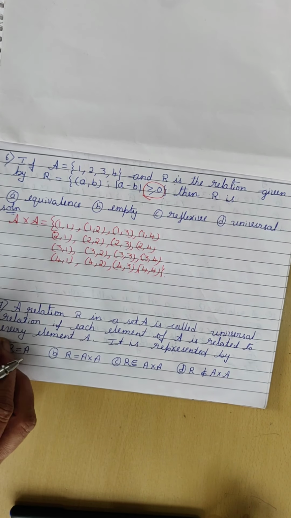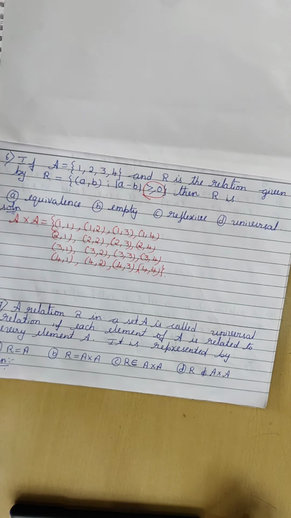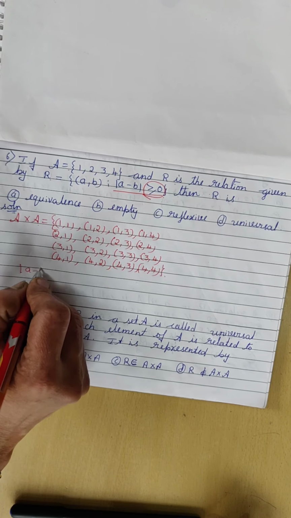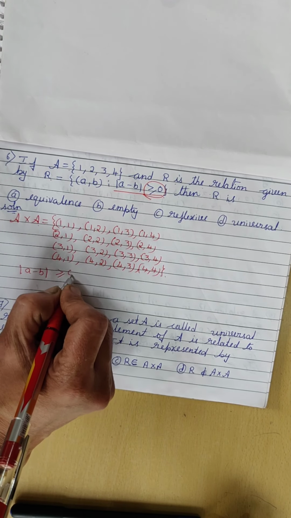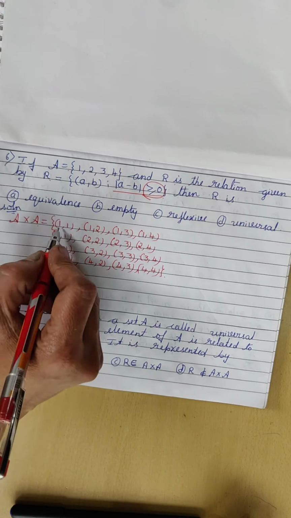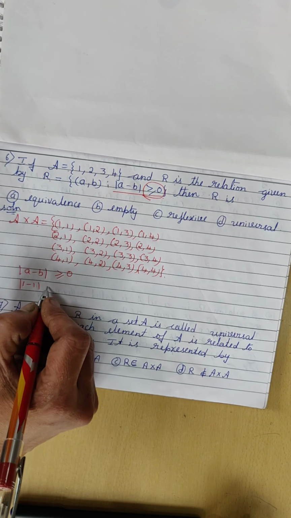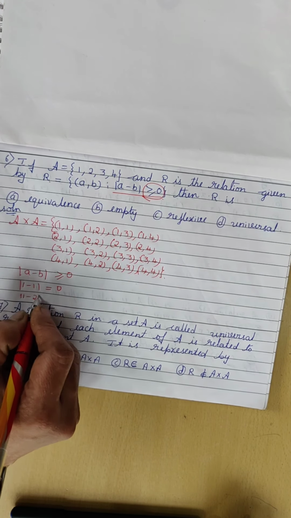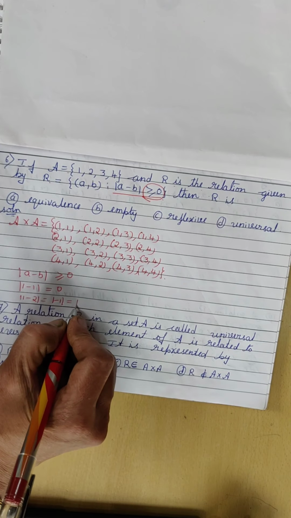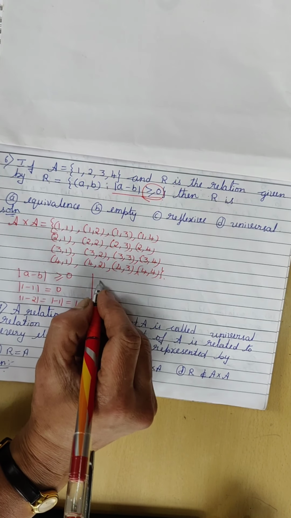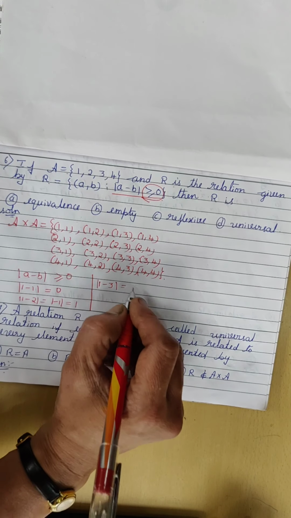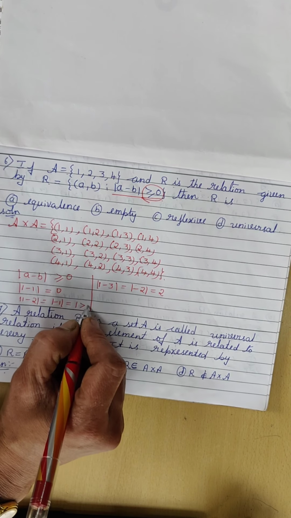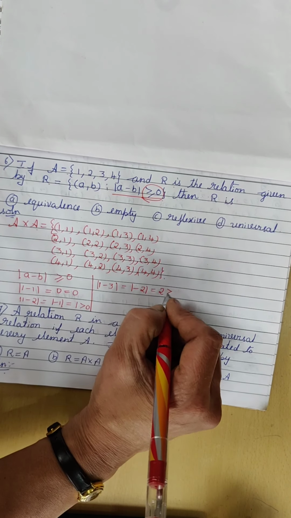Now we have to choose the ordered pairs which satisfy this condition: modulus of a minus b is greater than or equal to 0. Let us take the first ordered pair, 1 minus 1. That is equal to 0. 1 minus 2, this is minus 1, modulus is 1. If we take 1 minus 3, we'll get minus 2, which modulus is 2. Now here this is greater than 0, this is equal to 0, this is greater than 0.